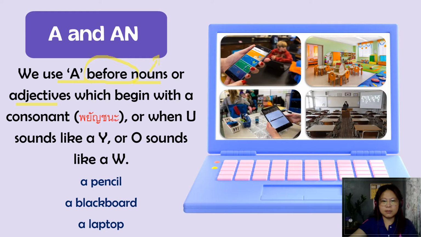Nouns, for example, phone, bags, laptop, eraser. So nouns are objects like books, notebooks, pen, pencils. So we use a before a noun, like a pencil, a blackboard, a laptop.